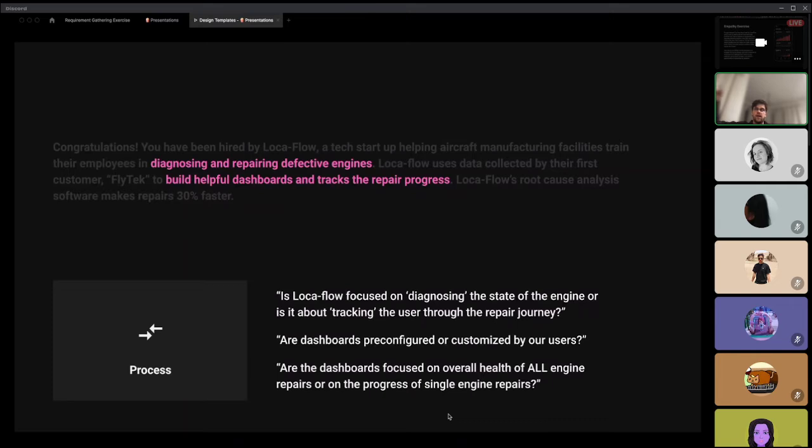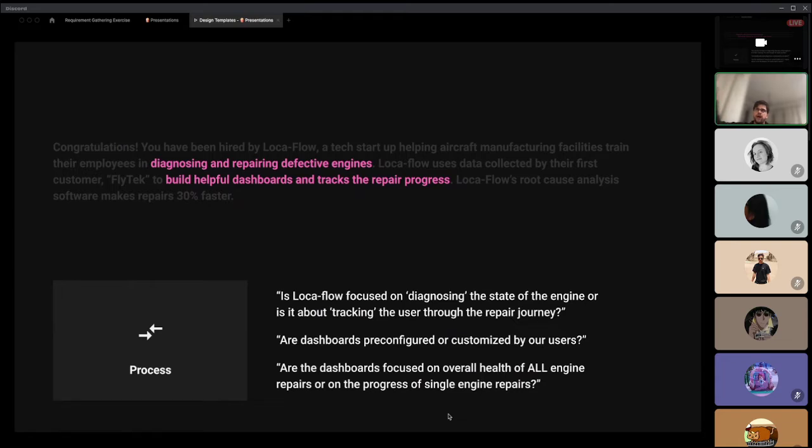If I'm diagnosing something and repairing something, then the information shown to the user is more like a process: step A, I fix something here, step B, I fix something here, step C, I fix something here. Versus dashboards, to me, are more like information about the thing they're doing, right?